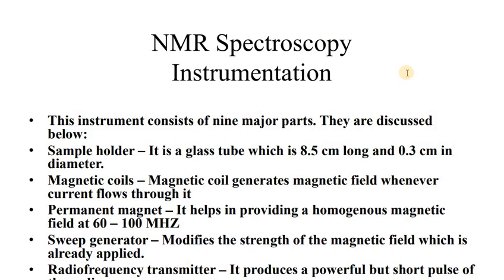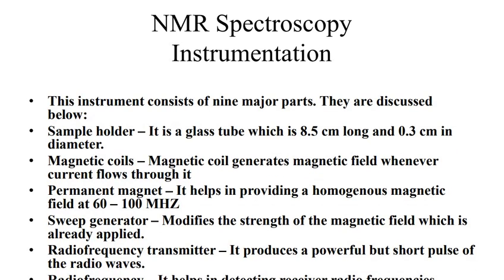When we observe the NMR spectrum of a molecule, the instrumentation has main components by which we record the NMR spectrum. It consists of 9 major parts. First is the sample holder, which is a glass tube 8.5 cm long and 0.3 cm in diameter.